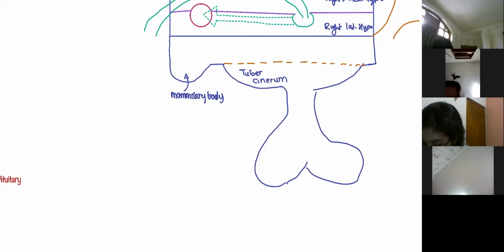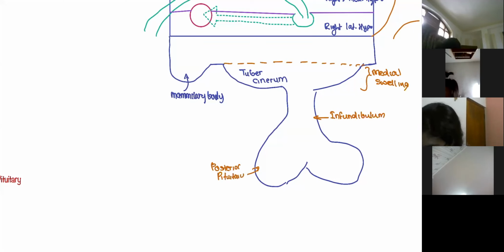Okay, and this is called the medial swelling. And then you have the infundibulum. And you have the posterior pituitary. And over here we have the anterior pituitary.